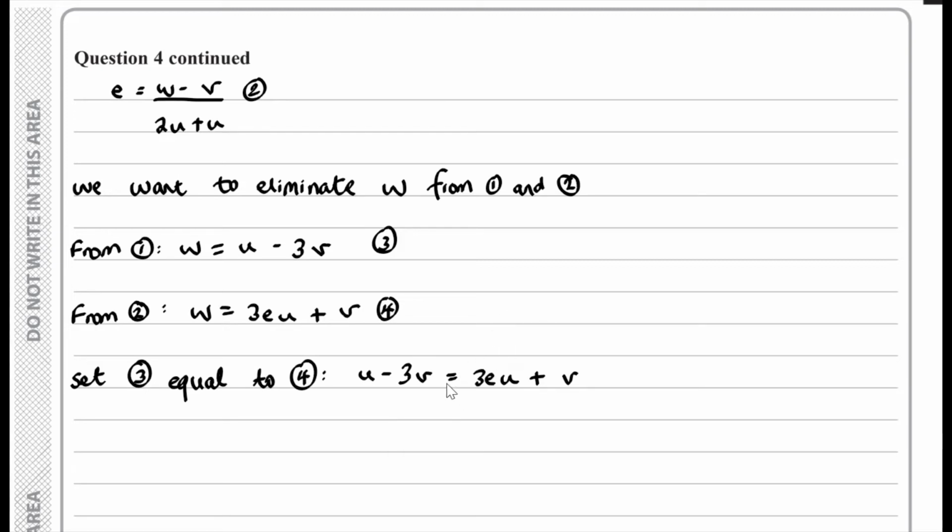First of all, taking all the V's on one side, we have 4V equals U minus 3EU, and of course if we factorize out a U, we have U lots of 1 minus 3E equals 4V, and dividing through by 4, you'd therefore find V is equal to U over 4 lots of 1 minus 3E. We'll call this equation 5.